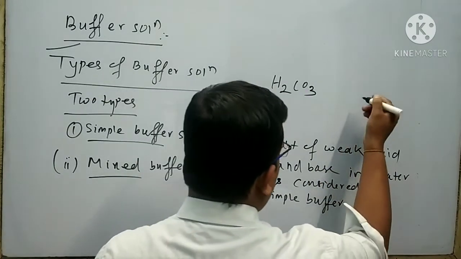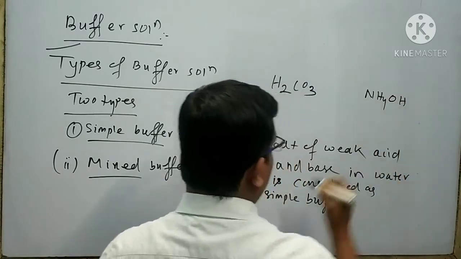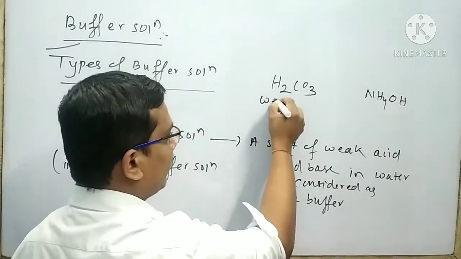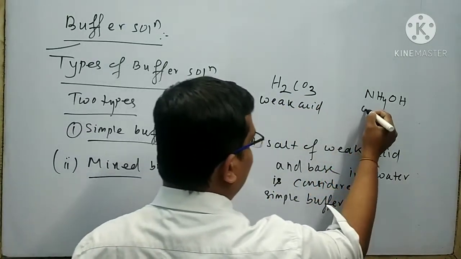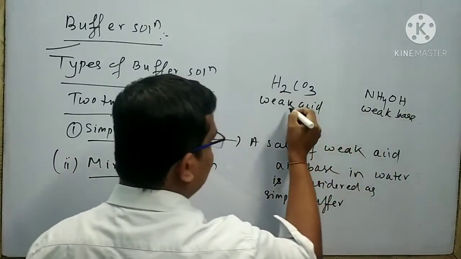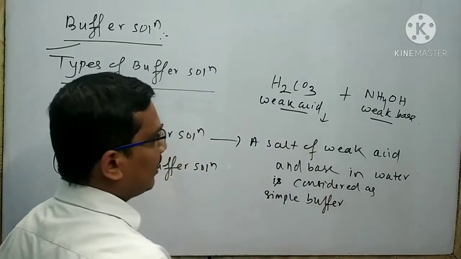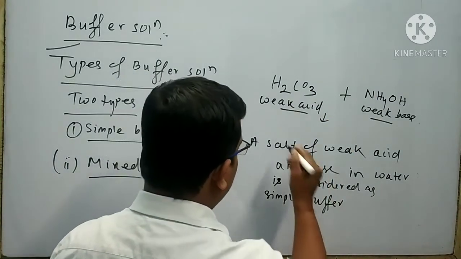This is a weak acid. Suppose we take a weak base, ammonium hydroxide. This is a weak base. When this acid and this base undergo reaction, they give a salt and water is also formed.